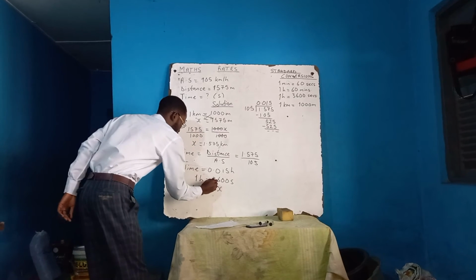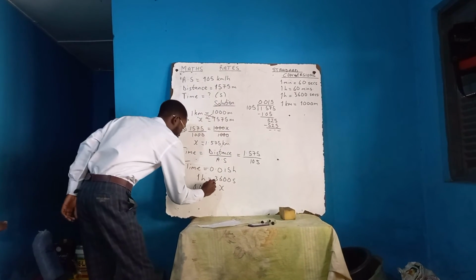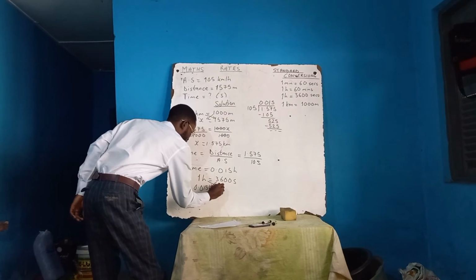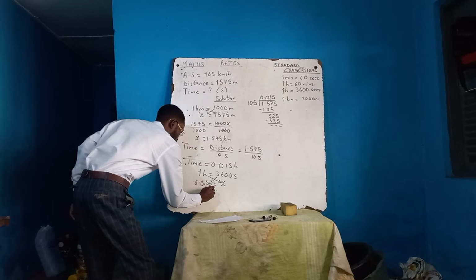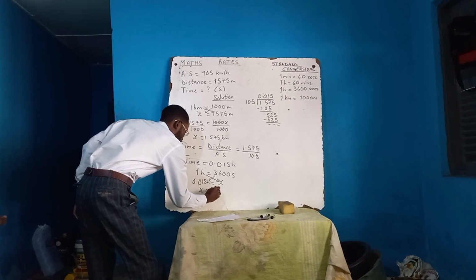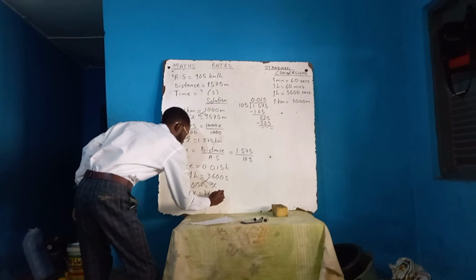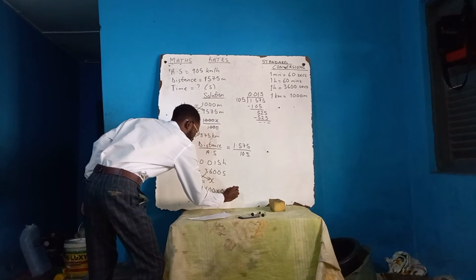So as usual, our technique, we are going to have our cross multiplication, and then we have 1 times X, which is X. And then we further move on to have 3,600 times 0.015.